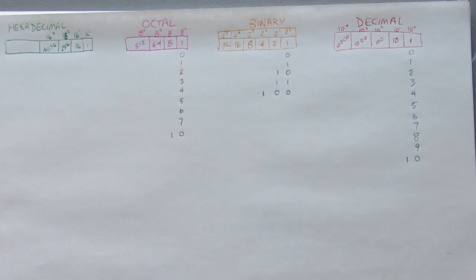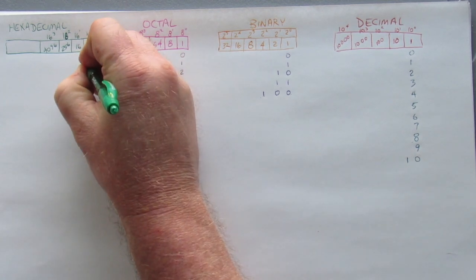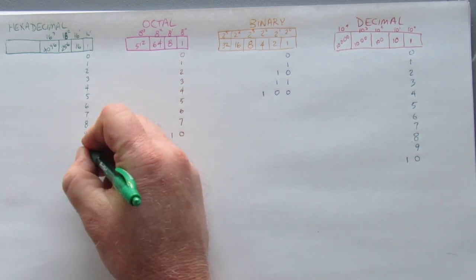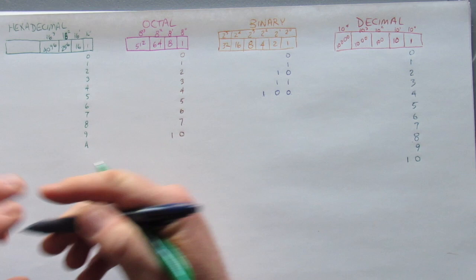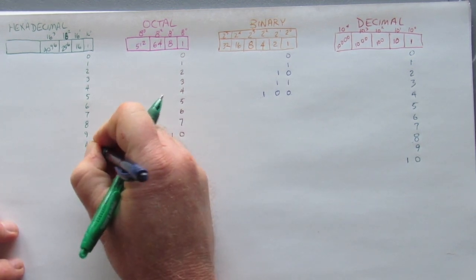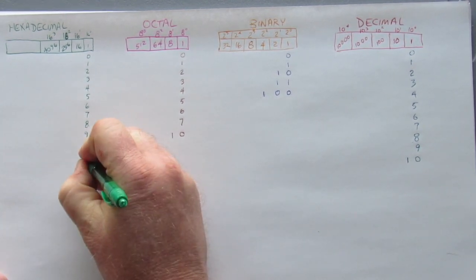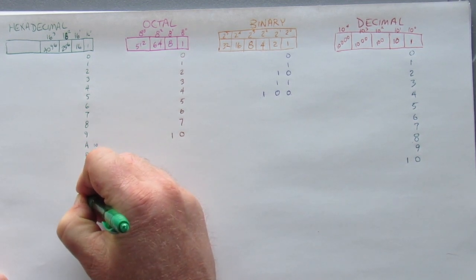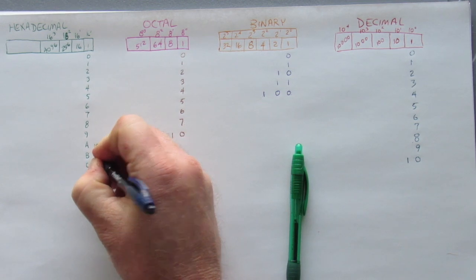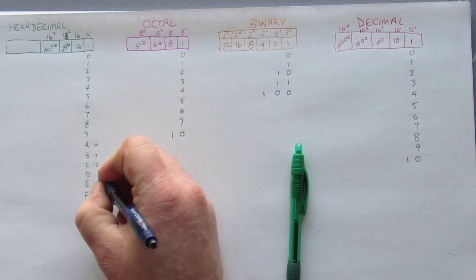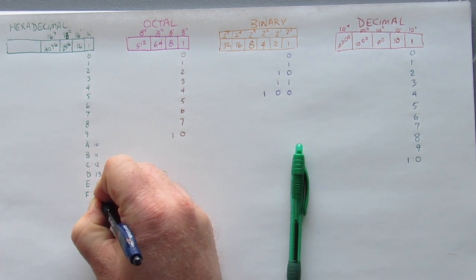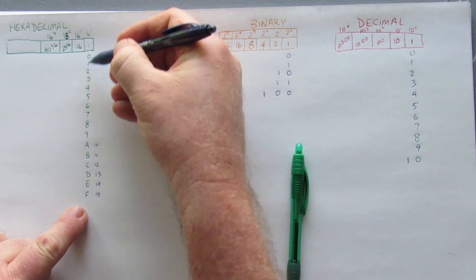Each time stepping up, 16 cubed, 16 to the 4th, 16 to the 5th, etc. So just like all the others, you start counting with 0, 1, 2, up to 8, 9. And now we continue on with A, which would represent 10 in decimal, B, C, D, E, F. So B is worth 11, C is worth 12, D is 13, E is 14, F is 15, and that's the end of our 16 digits.